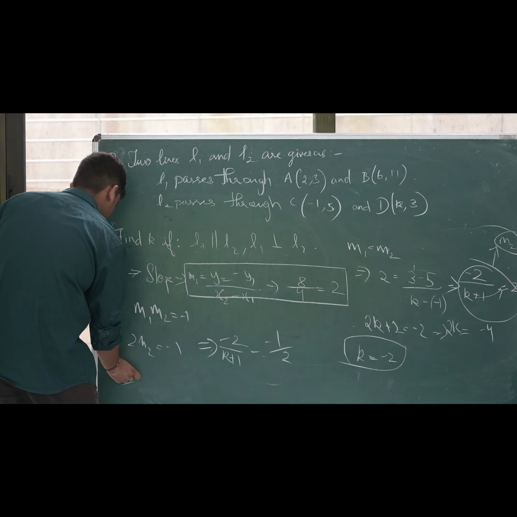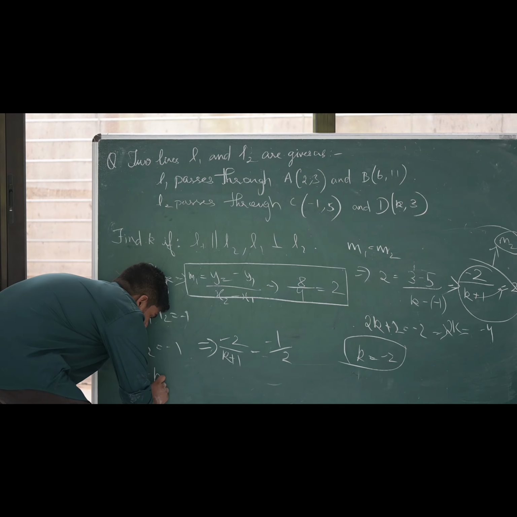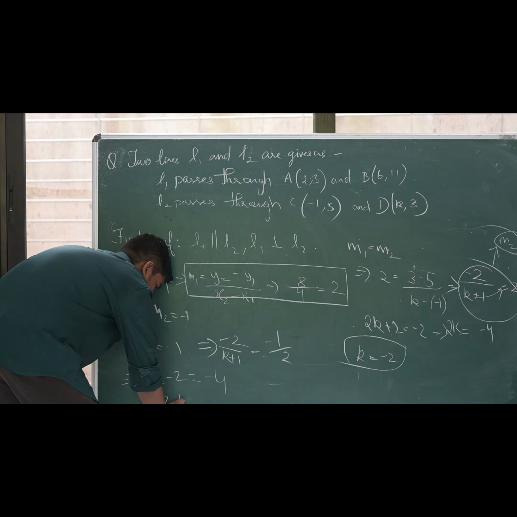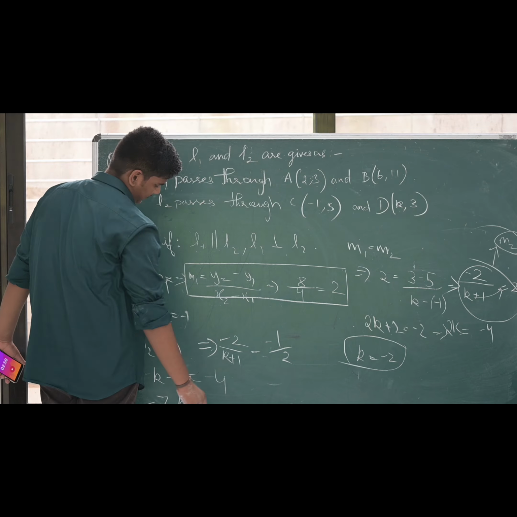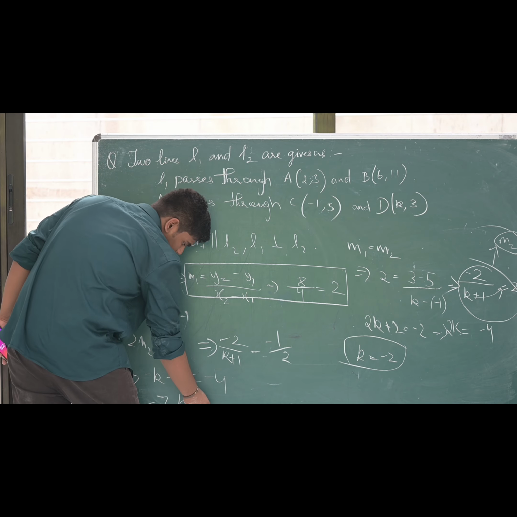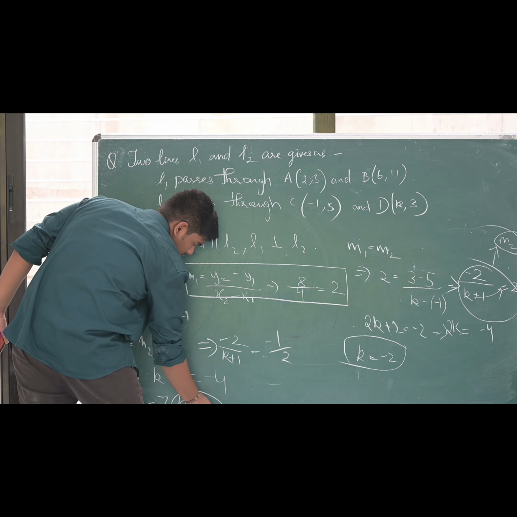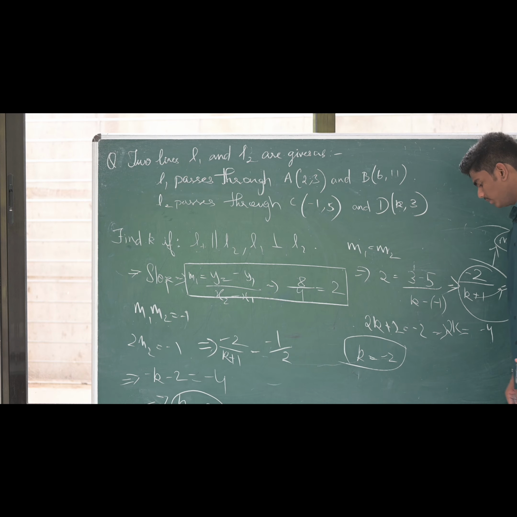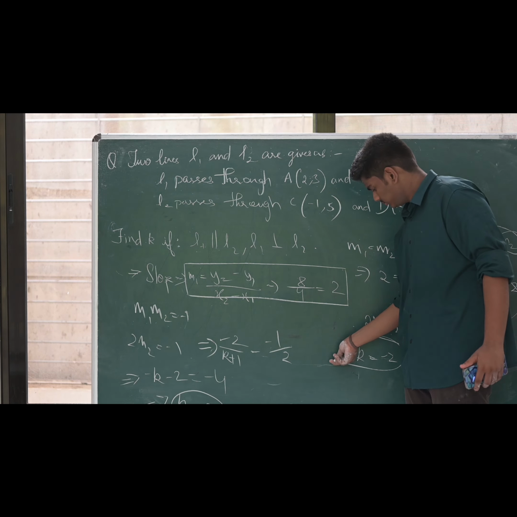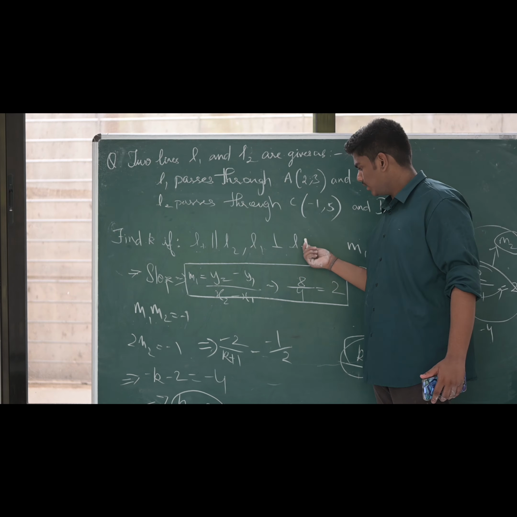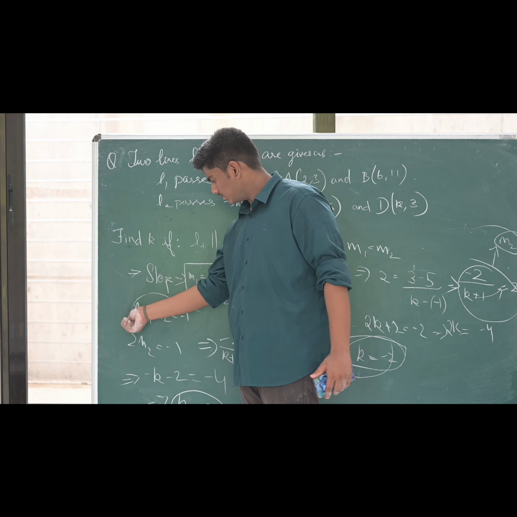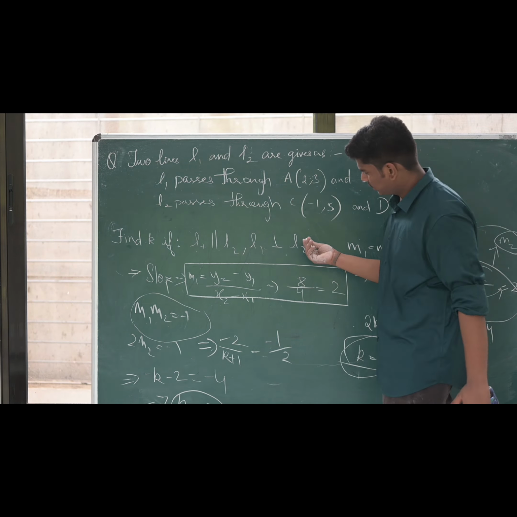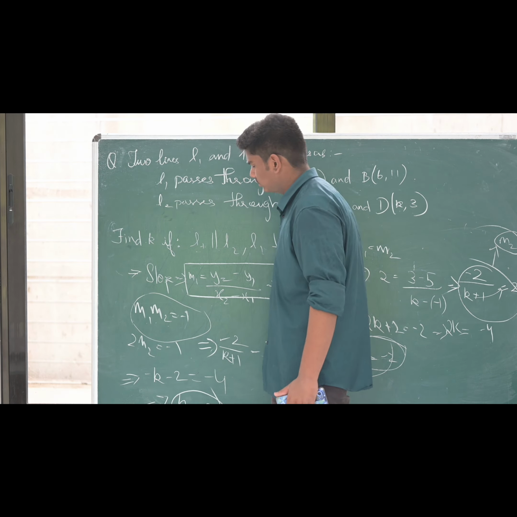Now, minus k minus 2 is equal to minus 4. K is equal to minus 2 by minus 1. So, k will be 2. In case 1, when L1 is parallel to L2, we have found that k is equal to minus 2. And when L1 is perpendicular to L2, using the slope formula, we have derived from perpendicular lines M1 M2 is equal to minus 1. They result in k equals 2.